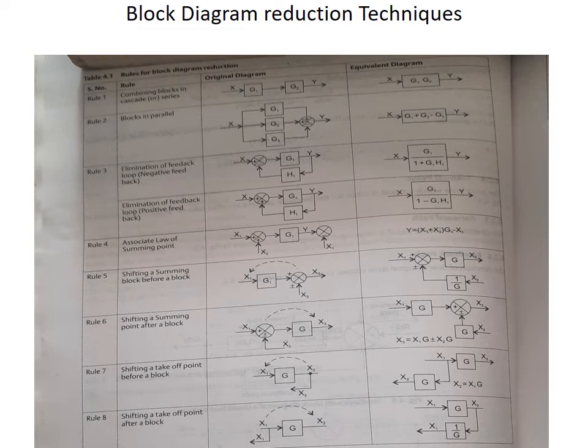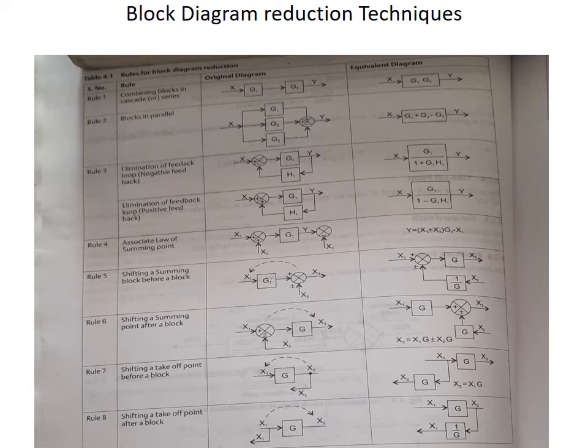So like this, while moving either a summing point or a takeoff point before the block or after the block, you have to include a block. It may be G or it may be 1 by G. That is, you have to include G or you have to eliminate G. So while moving, you have to consider these rules and put them in your block diagram, and then reduce the blocks to find the overall transfer function.